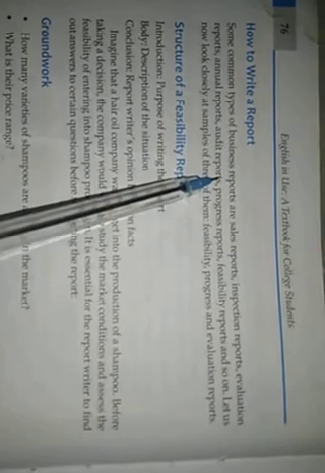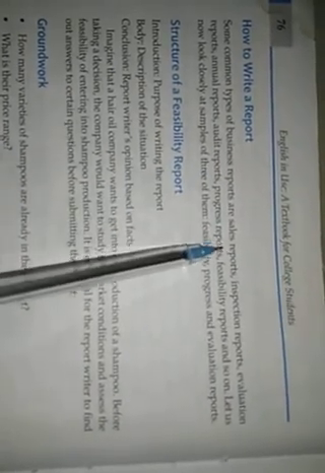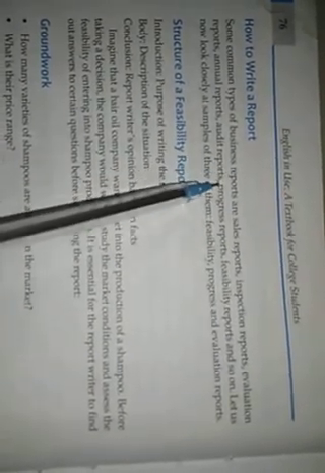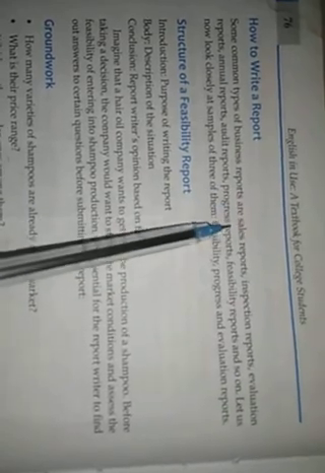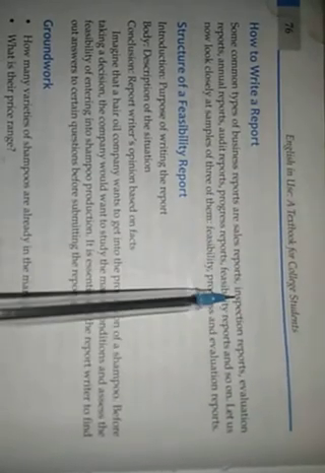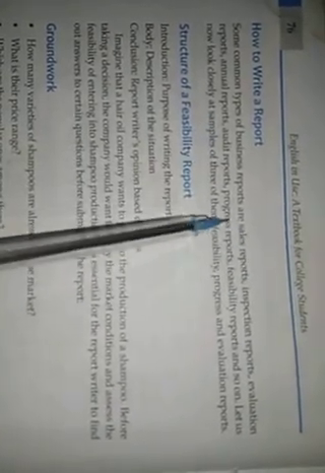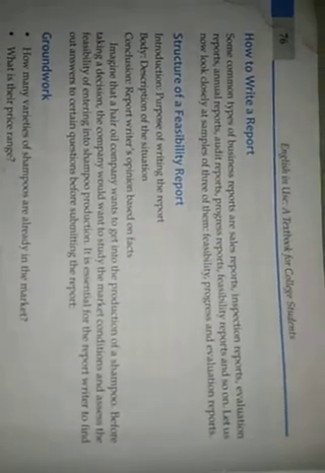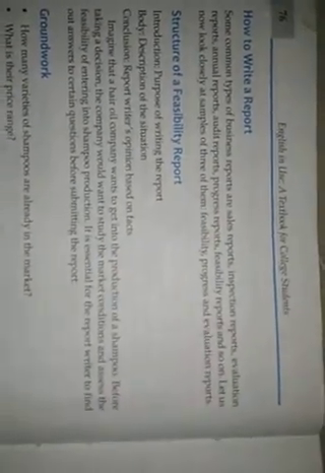Some common types of business reports are sales reports. Yes, business reports include sales reports, inspection reports, evaluation reports, annual reports, audit reports, progress reports, feasibility reports, and so on. So what are the reports present right now?